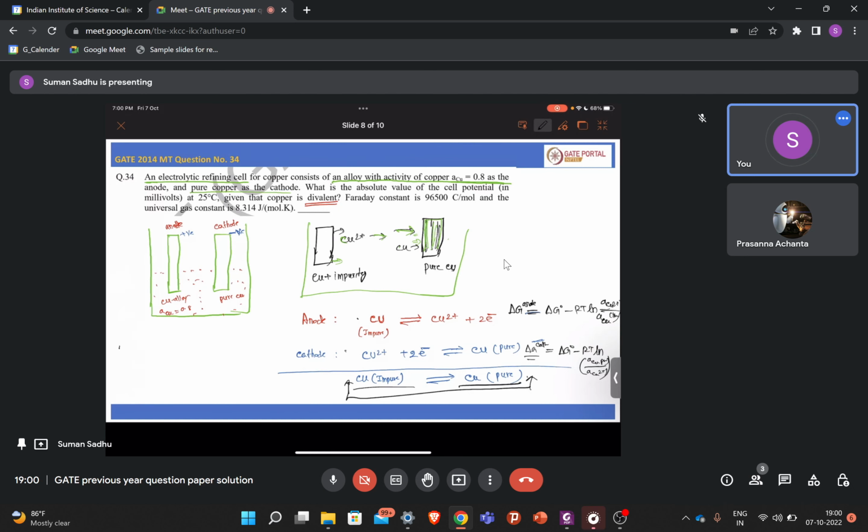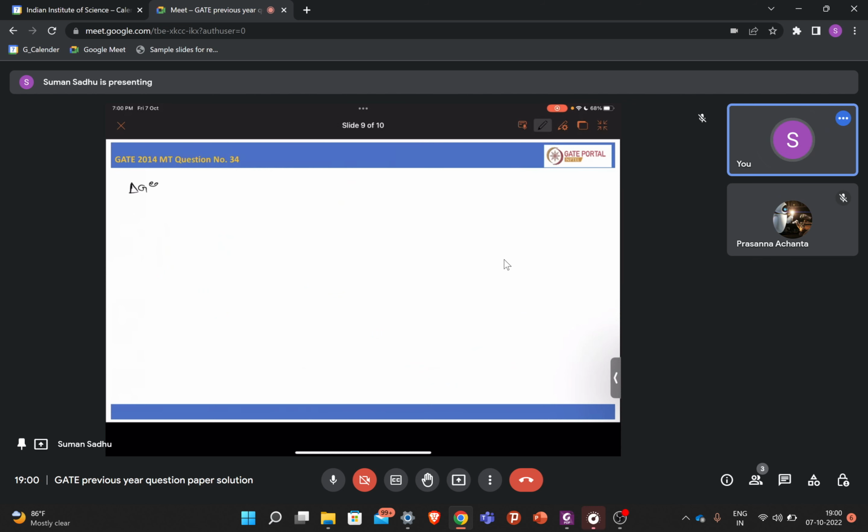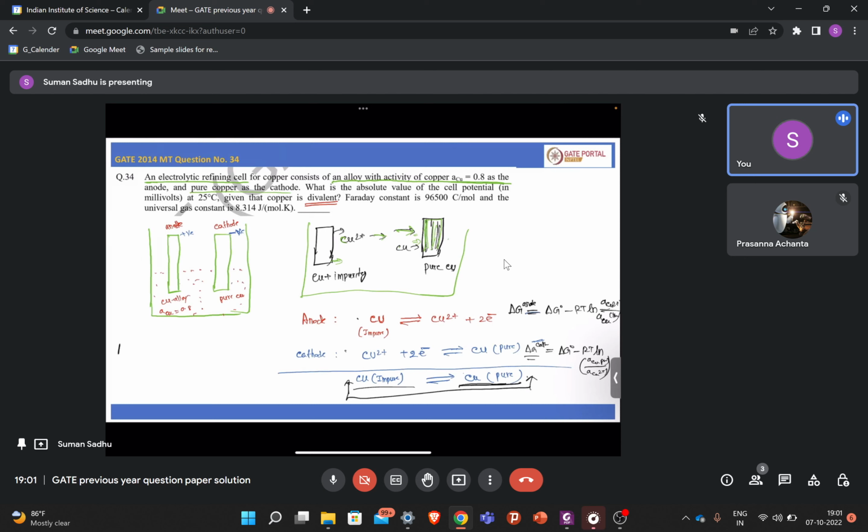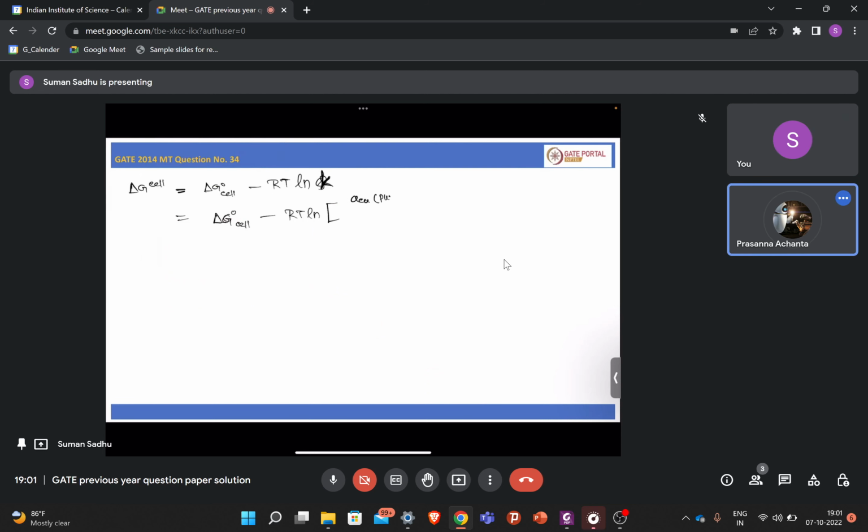So now you can write: delta G of the cell is equal to delta G naught of the cell minus RT ln Q. Q, or K if it is under equilibrium, means here the activity of pure copper divided by the activity of impure copper, right? Delta G cell.